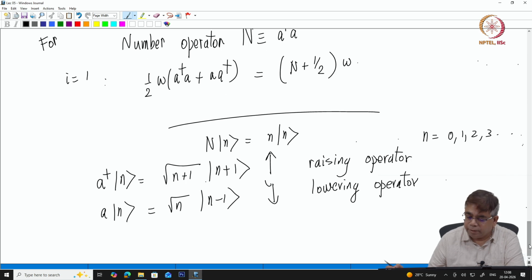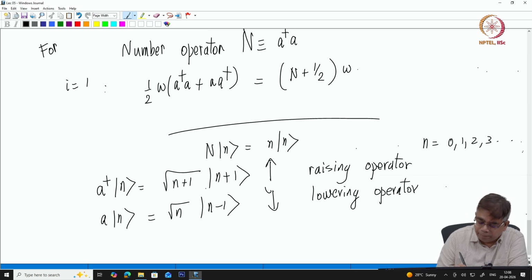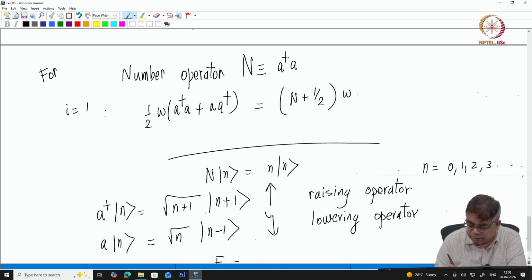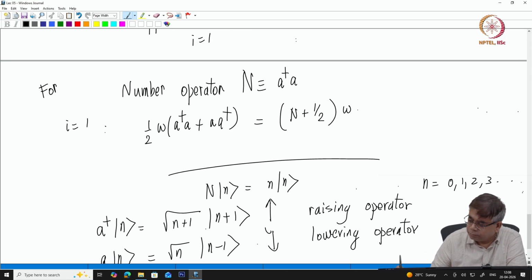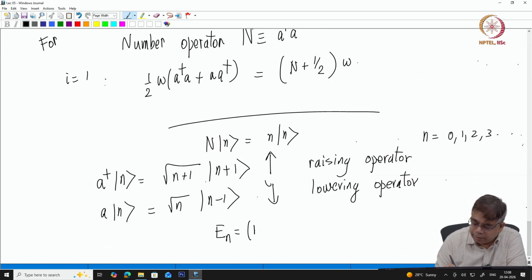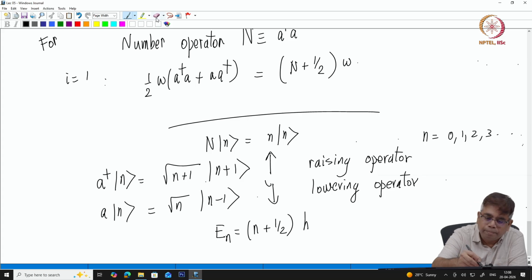So the Hamiltonian energy operator, the energy E_n for the nth state, is equal to n plus half, h omega.